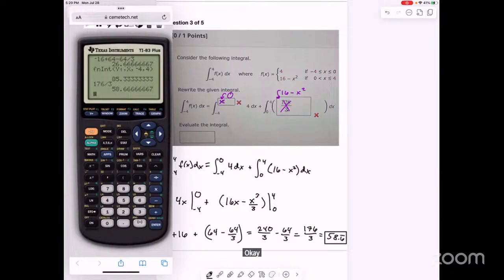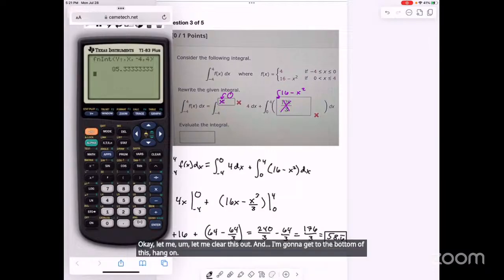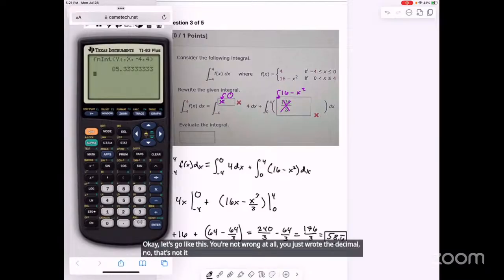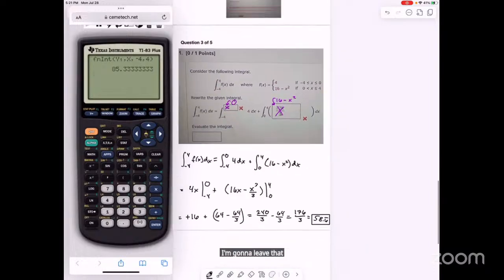Okay, let me clear this out, and I'm gonna get to the bottom of this. Hang on. Okay, let's go like this. You're not wrong at all. You just wrote the decimal. No, that's not it. Okay, let me try this one more time. I'm gonna leave that. Can I zoom out some?